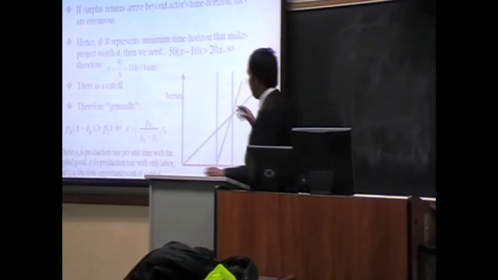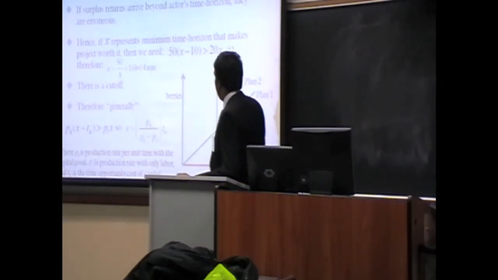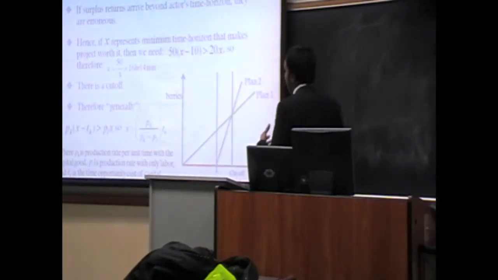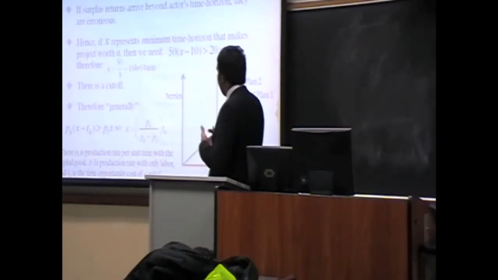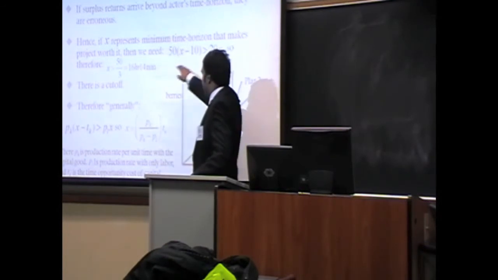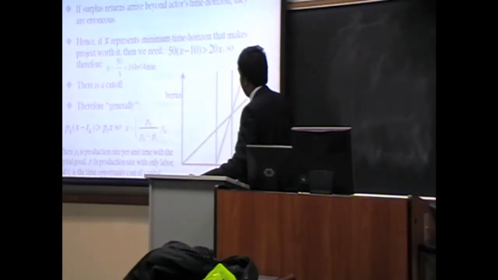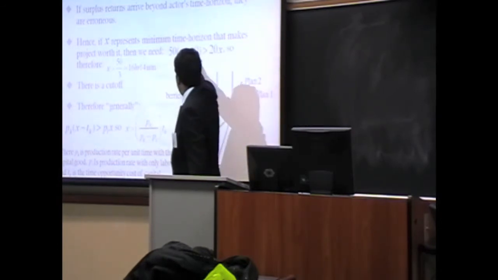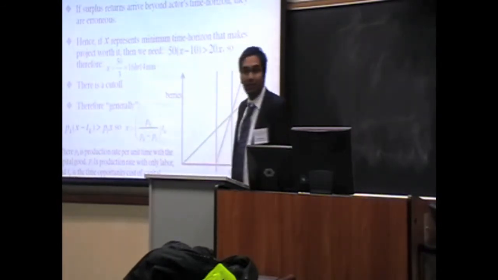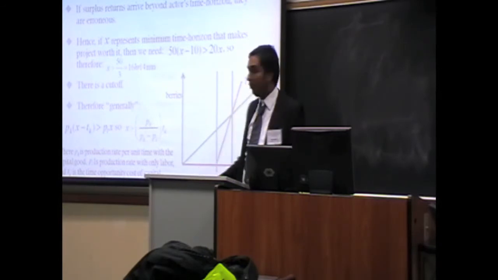Because if you were in Crusoe's position, I mean, this is slightly assuming you're slightly numerate. Actually, you don't need to be numerate. All you need to figure is whether this is going to be bigger than that. And if it is, then it's worth doing the project. If not, then why would I do it?